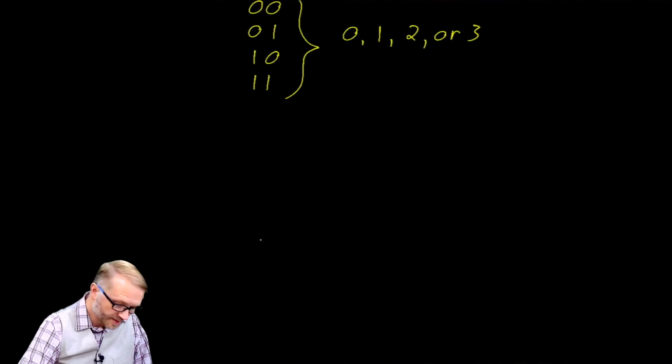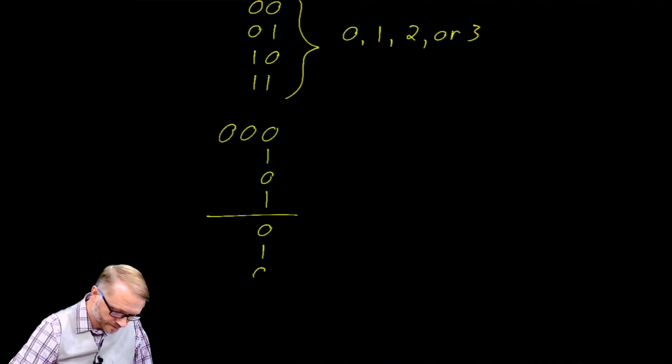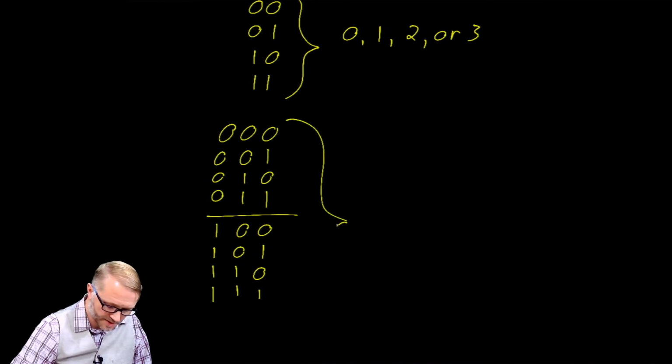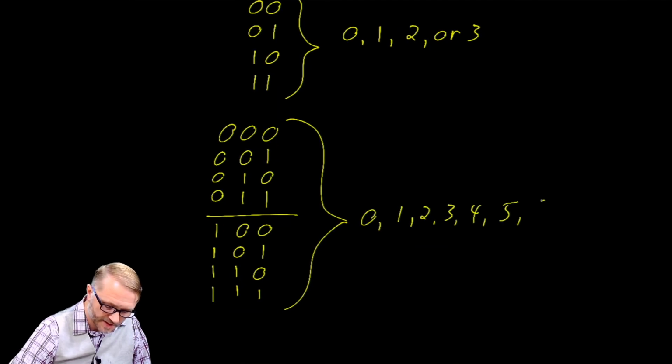So that's where we get 3. If there were 3 bits, we could store the numbers 0, 1, 2, 3, 4, 5, 6, and 7.